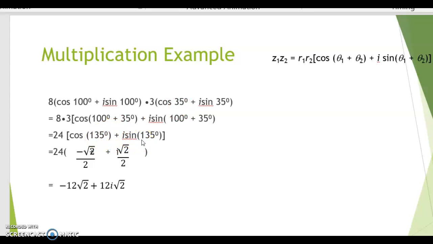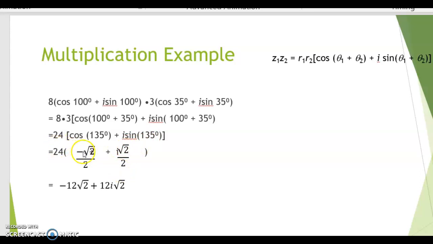Of course, for this, going ahead and copying the rest of the trigonometric form, placing cosine in front of 135 degrees first and plus I sine in front of the 135 degrees secondly. Now, evaluating the cosine of 135 degrees, common angle, negative square root of 2 over 2, and the sine of 135 degrees, square root 2 over 2.